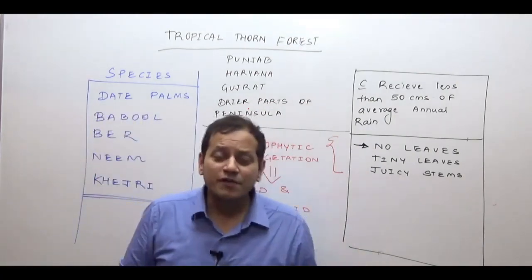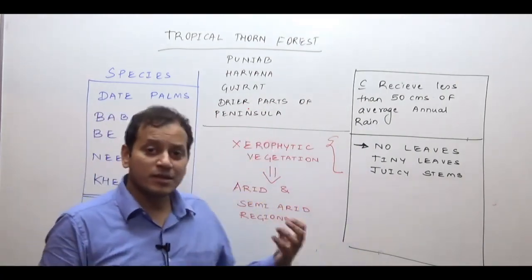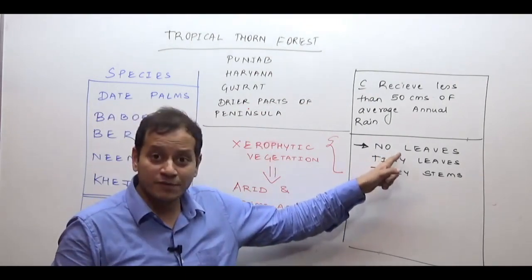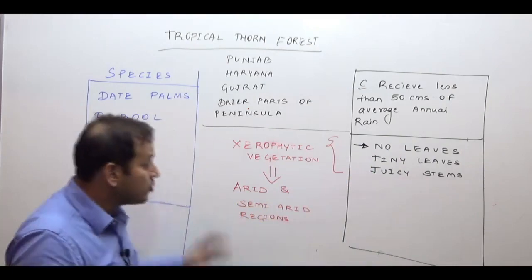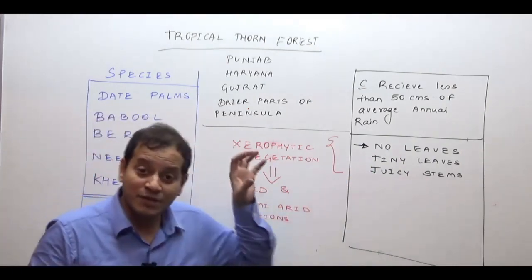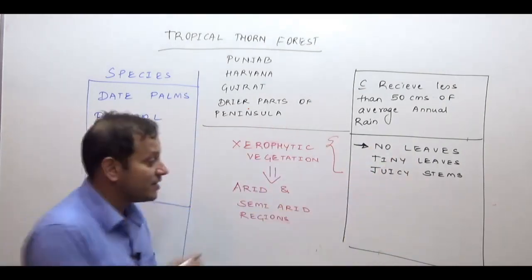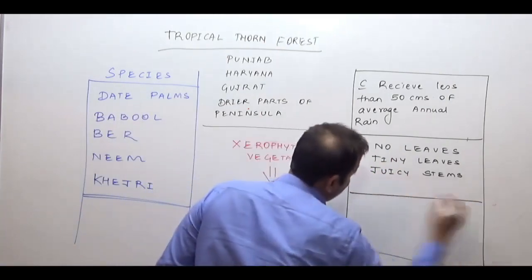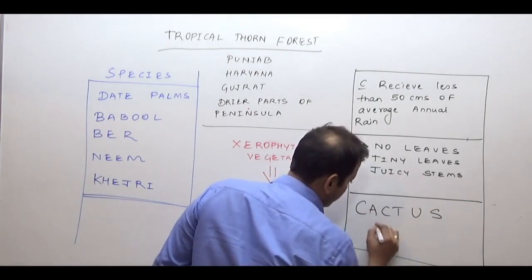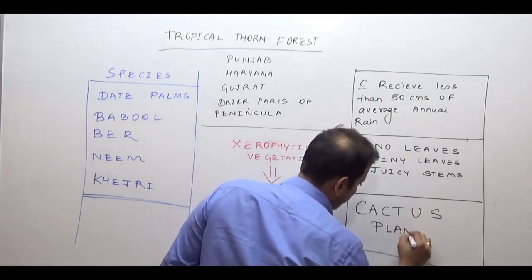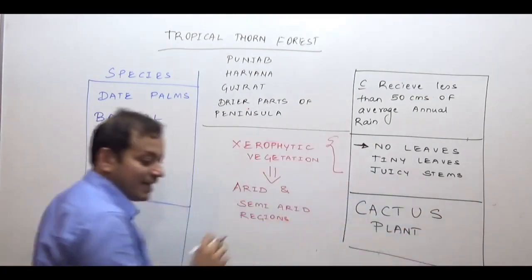What is the modification of a plant for the desert region? They may have no leaves, they may have tiny leaves, they may have juicy stems. What is the most important species found exactly in Rajasthan in the desert region? The important species here will be the cactus plant.